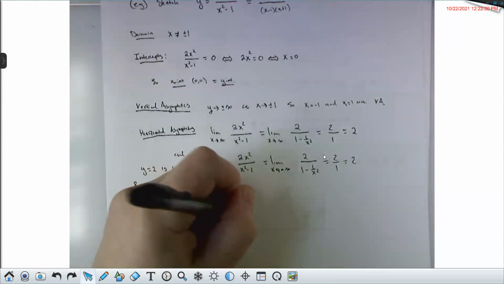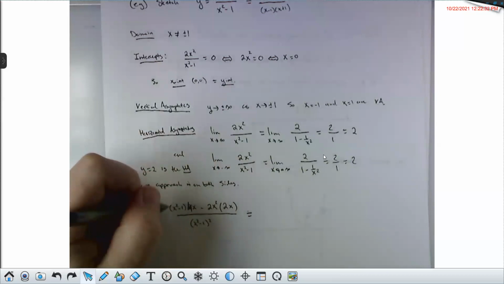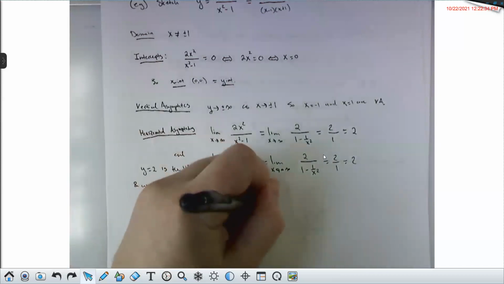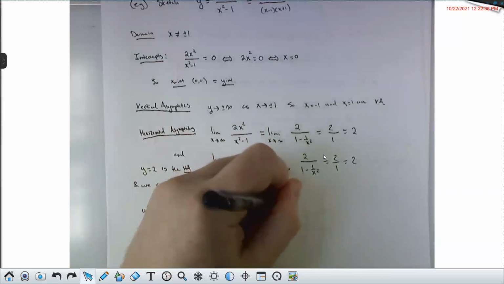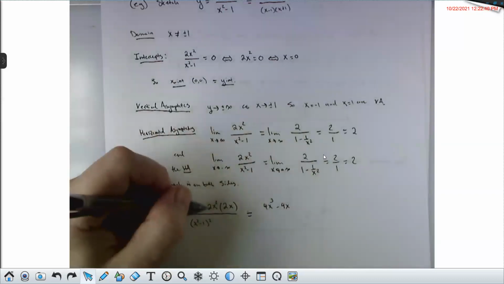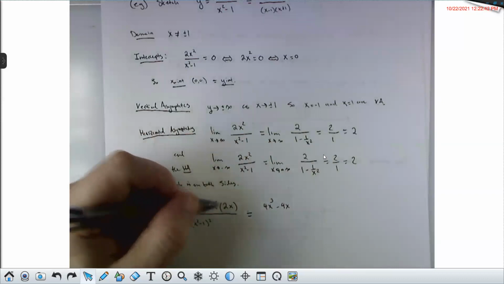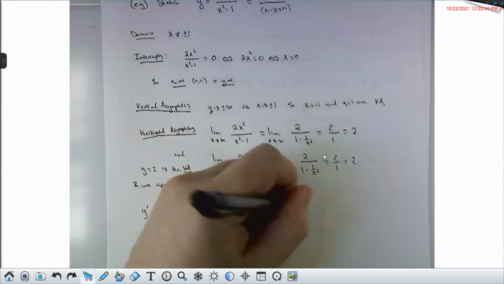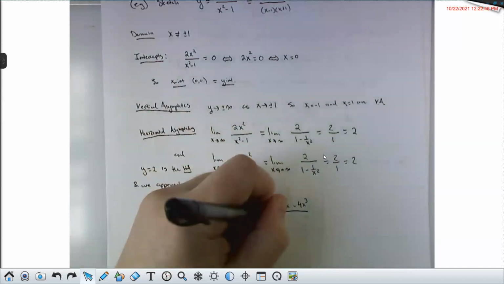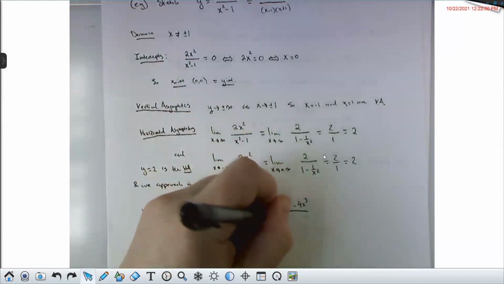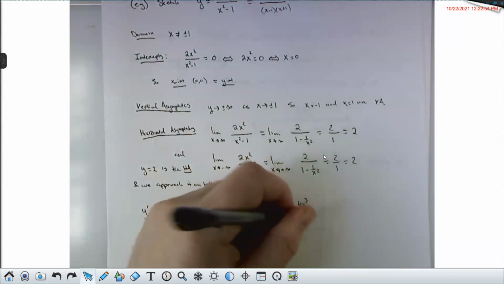So this is 4x cubed minus 4x minus 2 times x squared times 2x is another 4x cubed, all over x squared minus 1 squared, which is x minus 1 squared times x plus 1 squared.